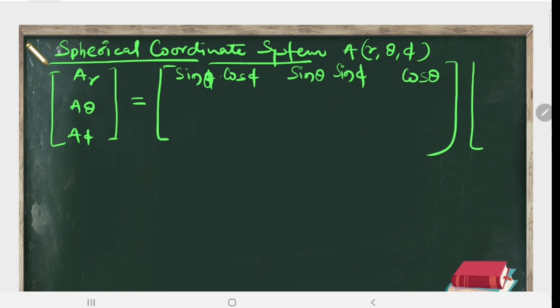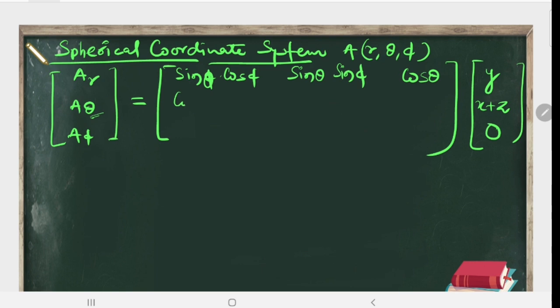Here we have a Cartesian coordinate system. The x component of the vector A is y, the y component of vector A is x plus z, and the z component of vector A is 0. If we are trying to calculate the theta component, then simply differentiate this equation with respect to theta, keeping phi constant.